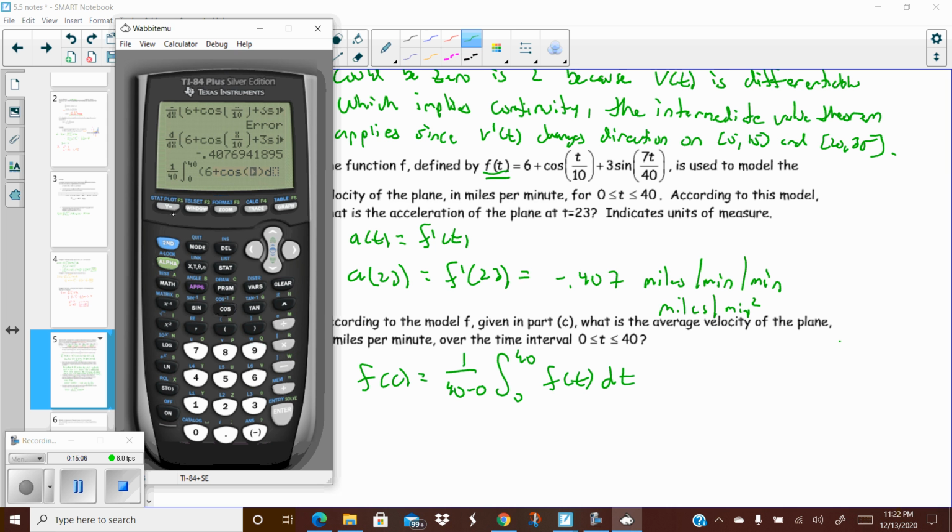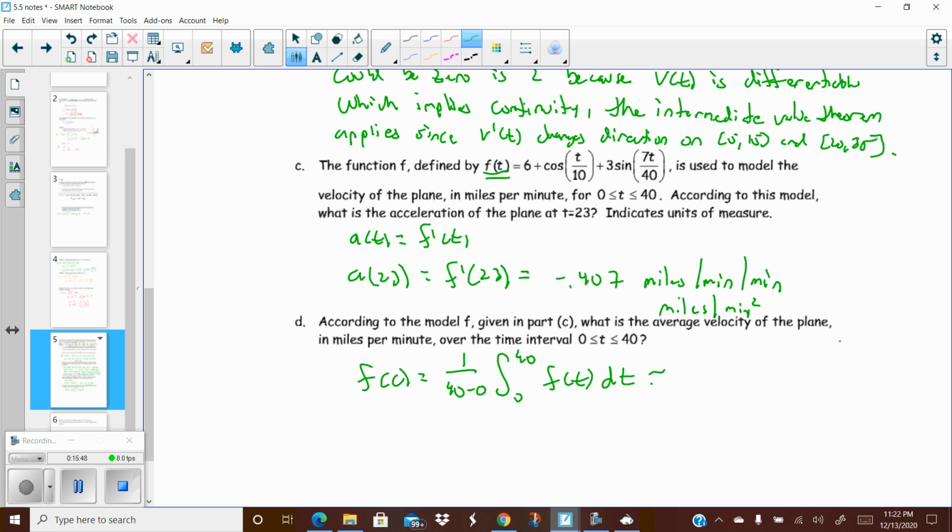Cosine x over 10 plus 3 sine seven x over 40 dx.